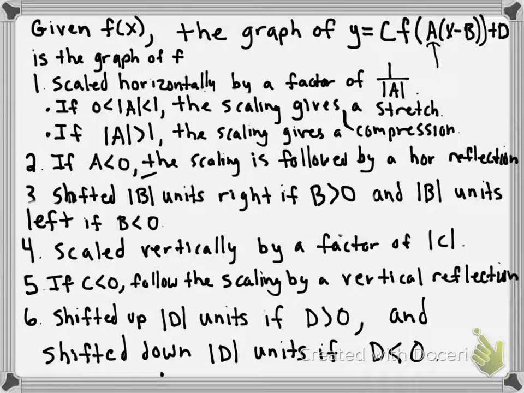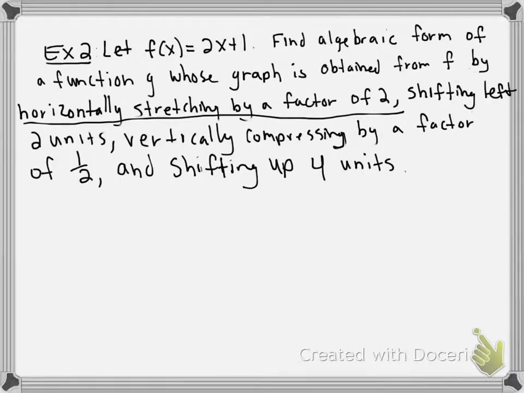Okay, so back to the slide we were working on, back to our example. Since it says we are horizontally stretching by a factor of 2, that horizontal stretch factor of positive 2 is going to tell us that capital A is going to be its reciprocal 1/2.